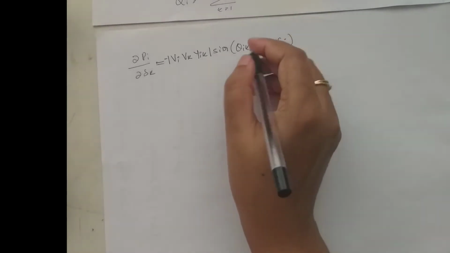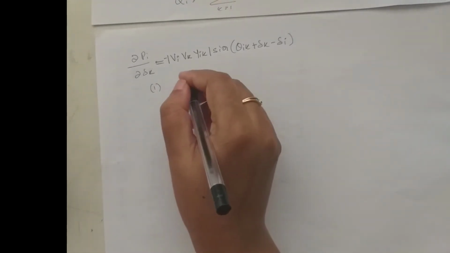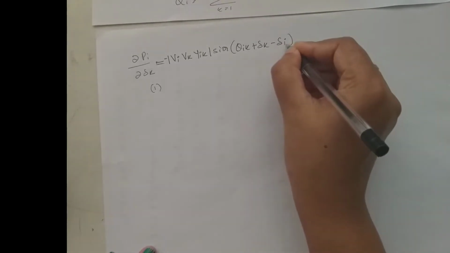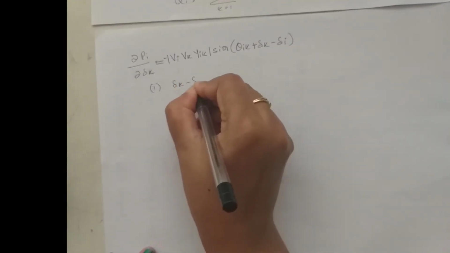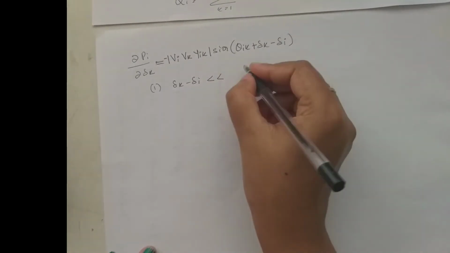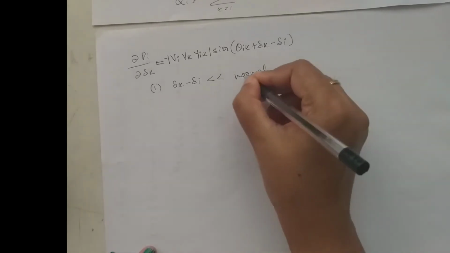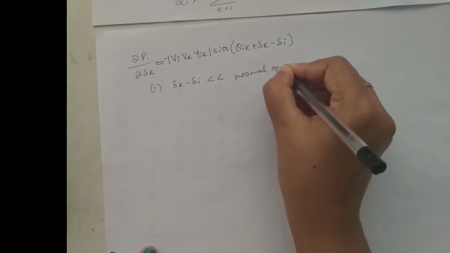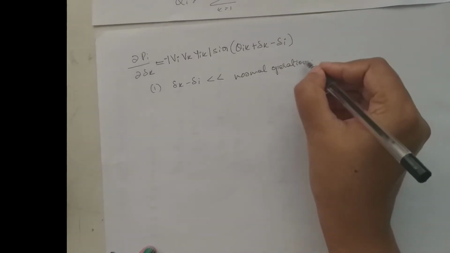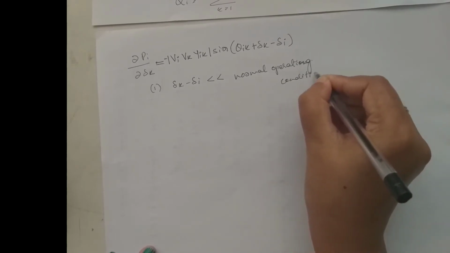Here the assumption is that delta k minus delta I is very much small under normal operating conditions, so we can take this as 0.